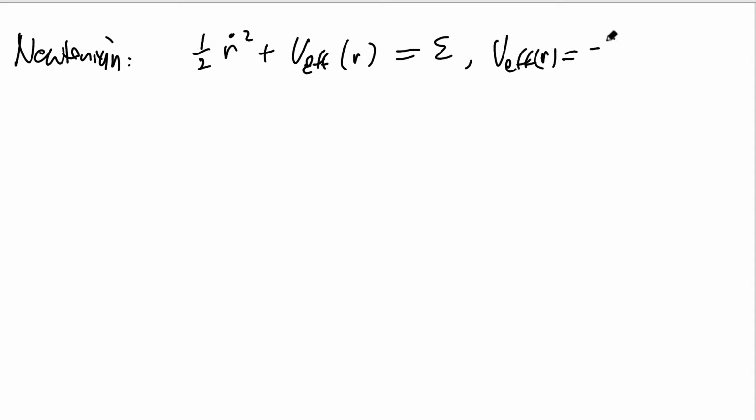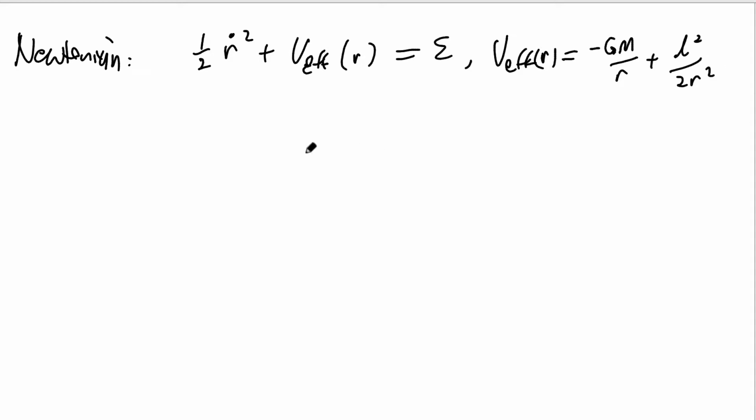So the r dot equation is 1/2 r dot squared, so that's the kinetic energy for a unit mass particle, plus an effective potential, which depends on r, equals the total energy E. In this case, the effective potential is minus big G big M over R plus L squared over 2R squared.